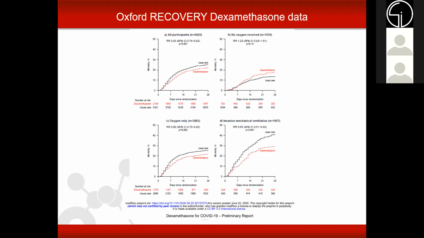Panel A is all participants, and panel B is no oxygen support, so that's not our patient. Then there's oxygen only, and invasive mechanical ventilation in panel D is also not our patient. So our patient is really panel C, the oxygen only.